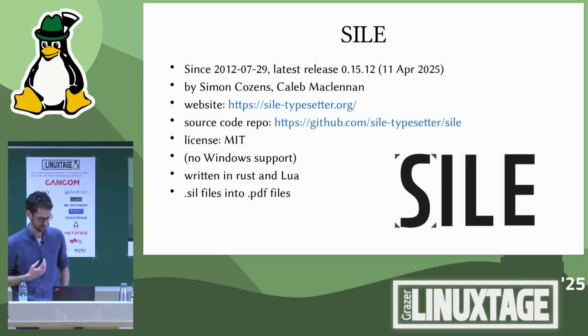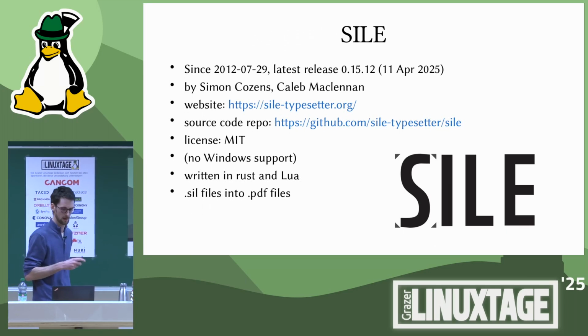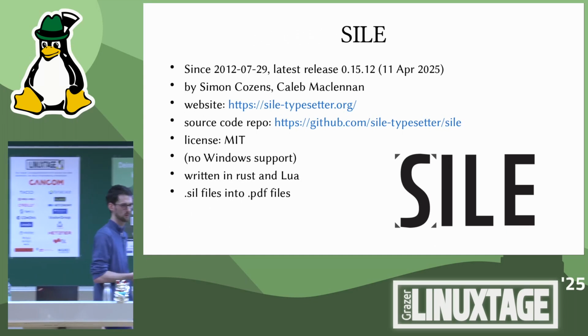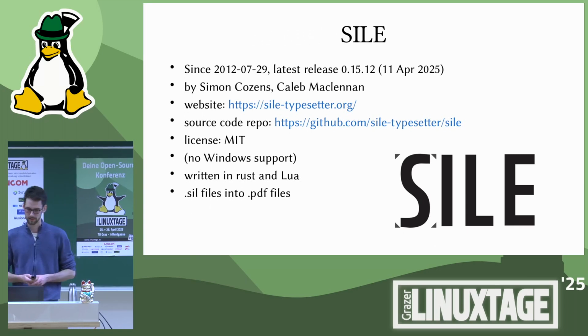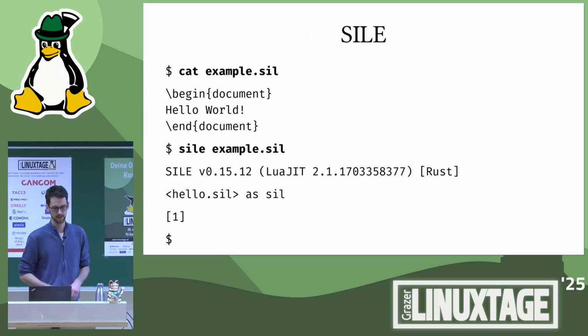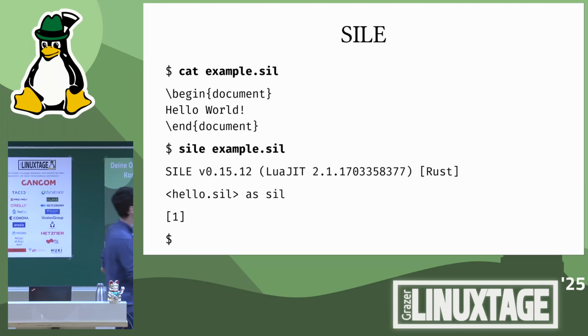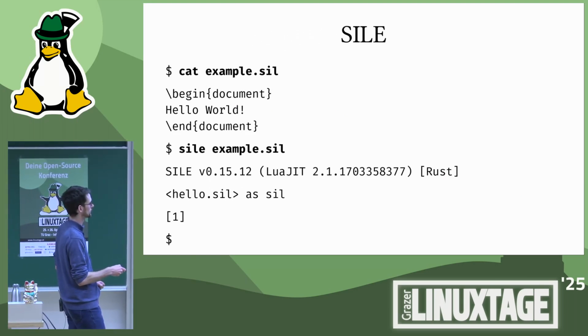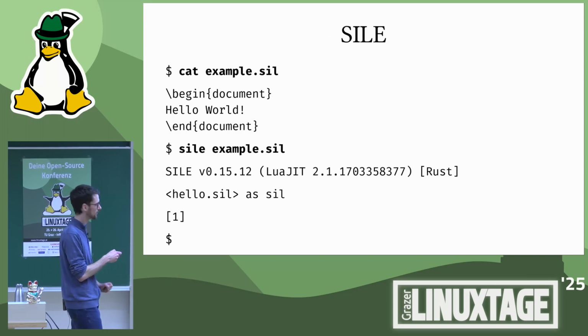It's just that nobody is maintaining it, I think. It's written in Rust and uses mainly the Lua programming language to apply all those typesetting algorithms. You take a SIL file, so again, such an example, and this is converted into a PDF.